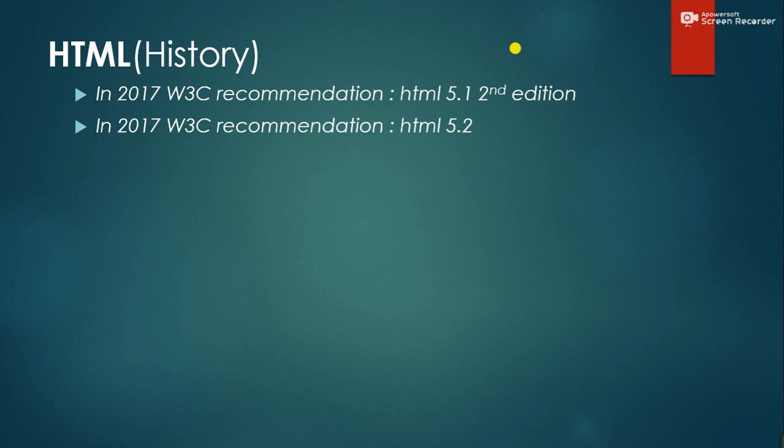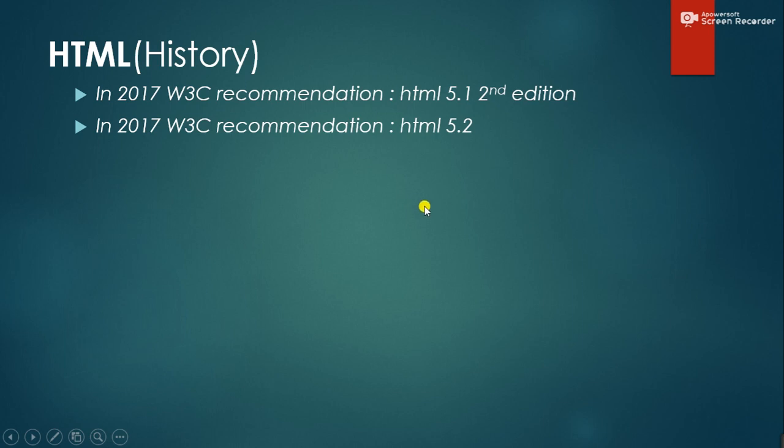In 2017, W3C also recommended HTML 5.2, the latest version of HTML, and after that we are using HTML 5.2. In my series, I also follow HTML 5.2 in my HTML coding.